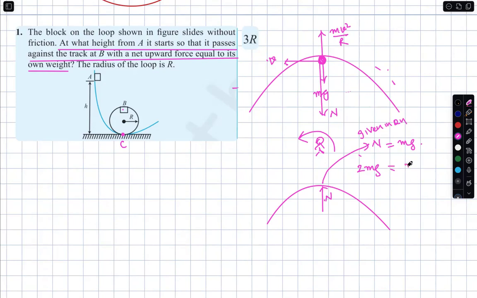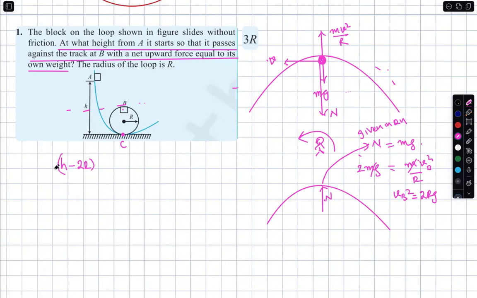In this case, 2 mg is mvb square by r. Cancel. vb square is 2rg. Now, apply the law of conservation of energy.